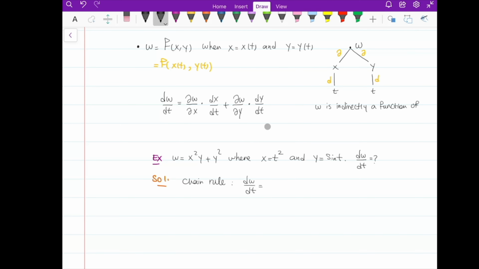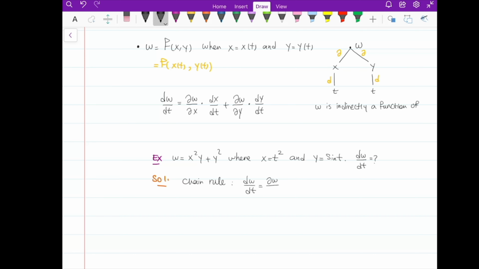So I can go along this path, or I can go along this path. Since w is a function of just two variables, I have partials in here. x is a function of just one variable, so that's why I get d.